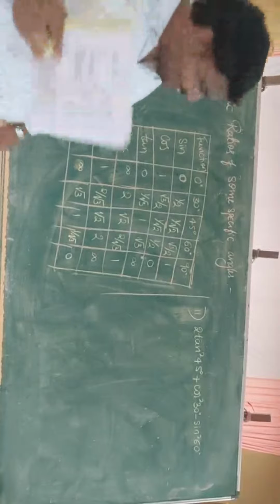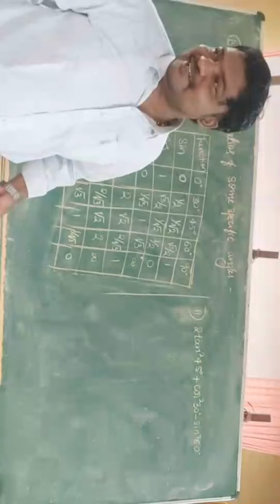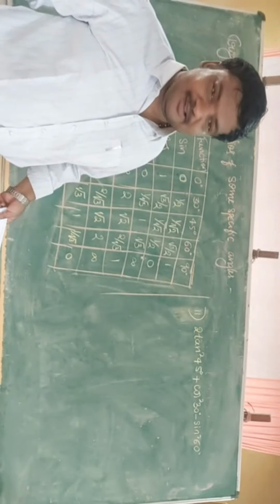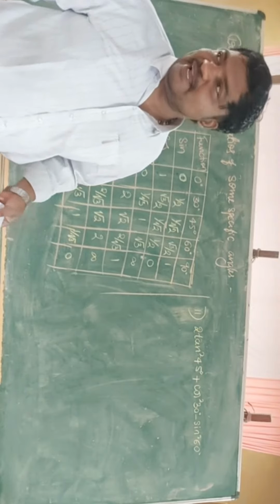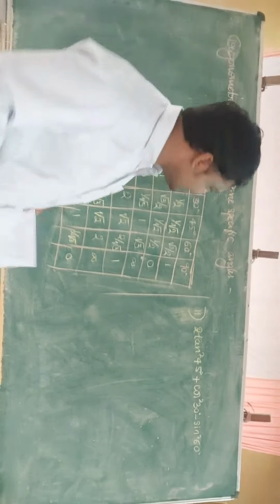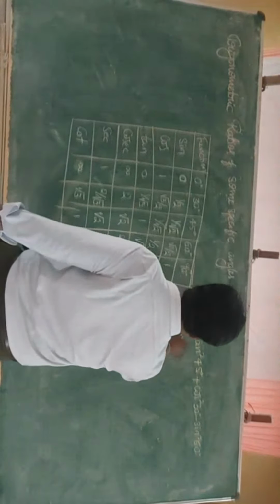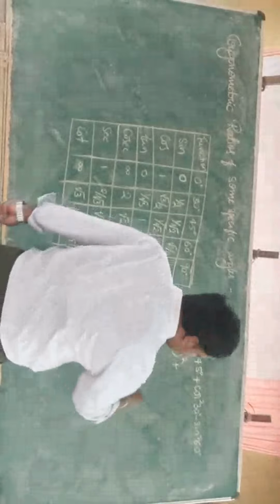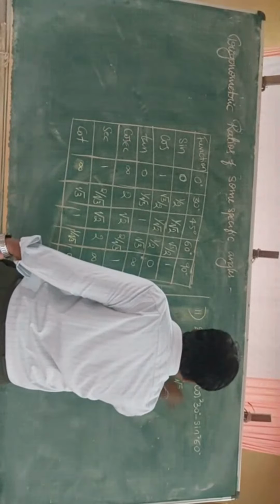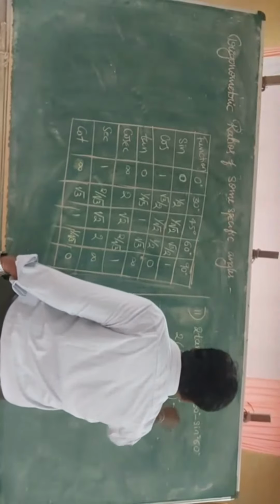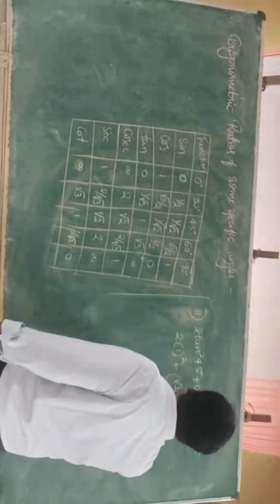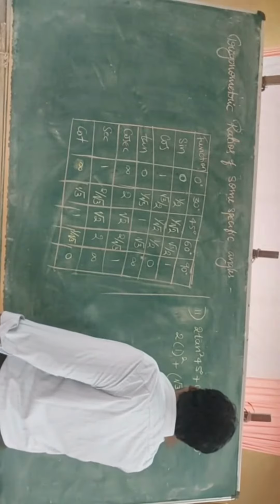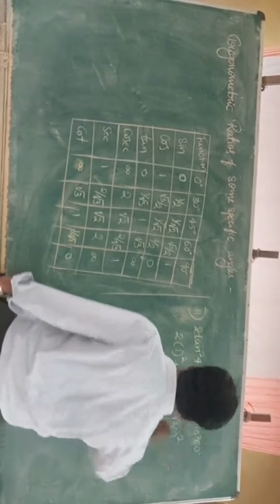Polynomials. Trigonometry is the easiest chapter. Nothing is there, simply addition, subtraction. If you know all the values, it is adding, subtracting, multiplying, dividing. Simple one. See, tan 45 is 1, so 1 square, plus cos 30 root 3 upon 2 whole square, minus sin 60, again root 3 upon 2 whole square.